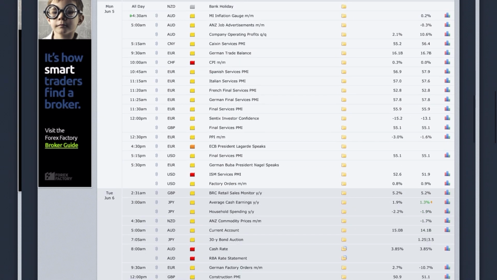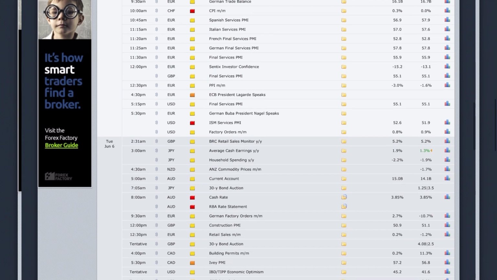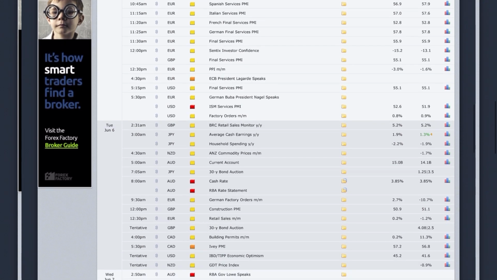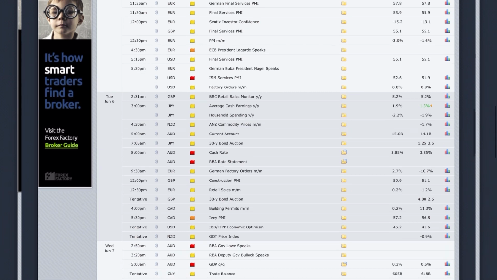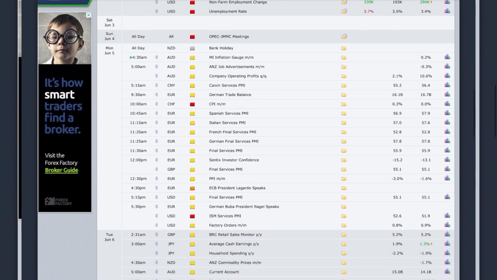Okay, so I'll only check the news which are about USD currency and are red. I obviously do take a look at the orange ones sometimes, but the red ones, which are about the USD currency, are important for me. So we have here, on Monday, a news here, which is ISM service PMI.